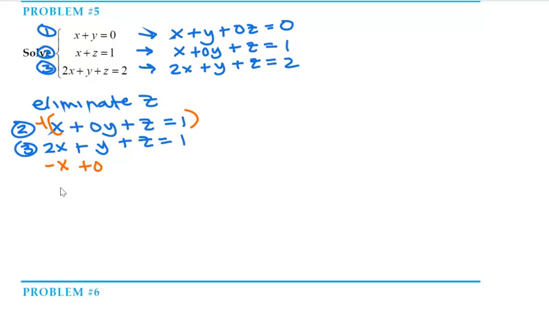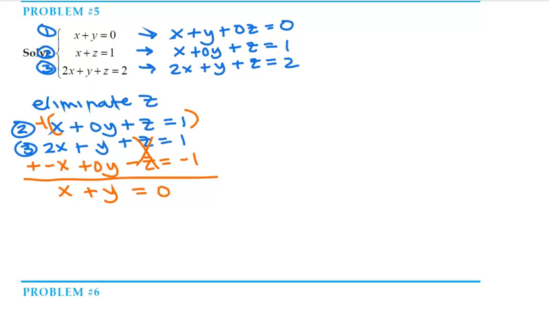So that still stays as a 0y. Then minus z, and then -1 times 1 is -1. Okay, combine these together. The z's are gone. I made that happen. And then when I add the x's together, I get x plus y equals 0.